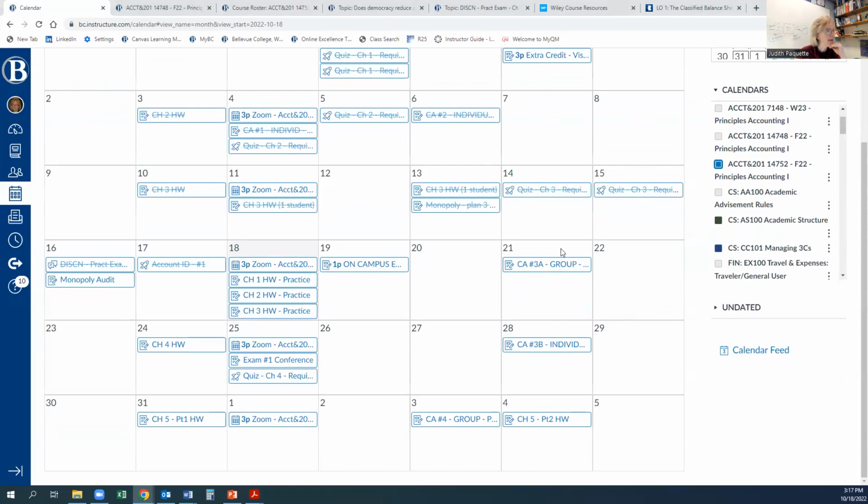CA3A is due on Friday night, and that is where you divide up the work for your contract. So how do you know how to divide up the work? You have to read the project instructions. So make sure you read those so that you're able to submit that on Friday.